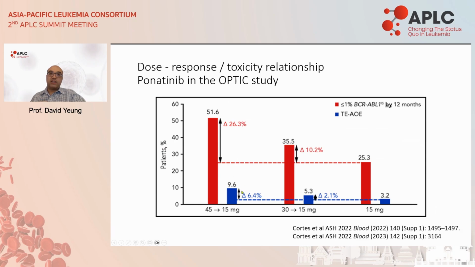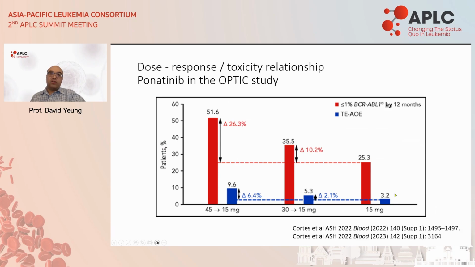However, you'll see that for both the response rate and the toxicity, there is a dose-response relationship, such that if you were to start a patient on a lower dose of 15 milligrams, they'll be less likely to achieve that molecular response, and the rate of arterial occlusive events is also correspondingly lower.